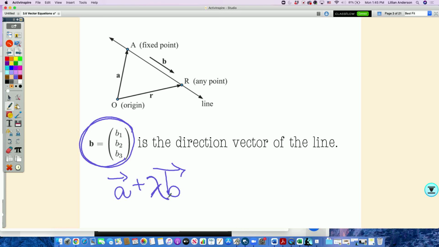If you're trying to figure out if the lines are parallel, you're going to use the direction vector. So vector a is that starting point, that fixed point, but b, that is the magic one, the one we're going to use for essentially any type of the operations that we do.